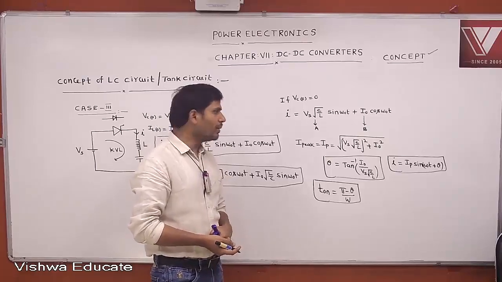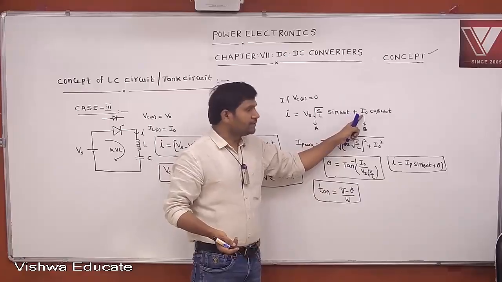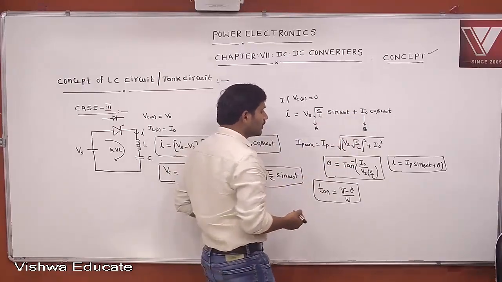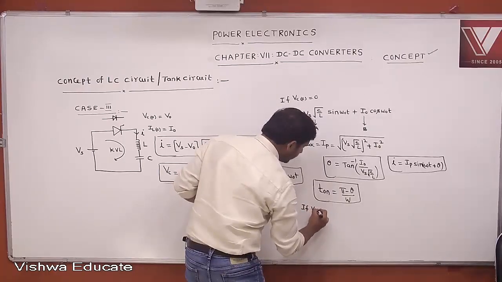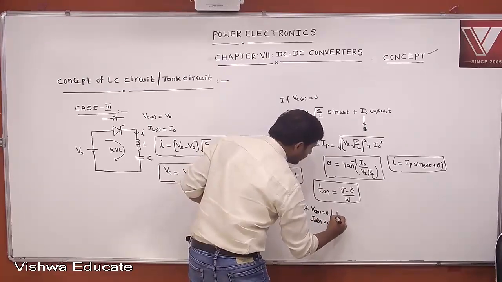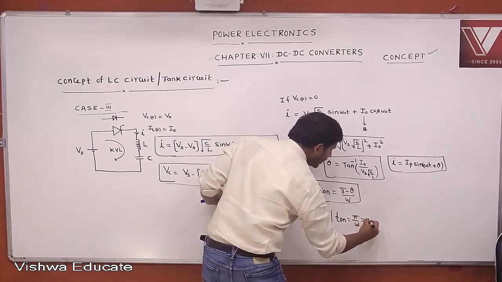Pi minus theta by omega. If there is no initial current, if I naught of 0 is also 0, that means Vc of 0 equal to 0 and I naught of 0 is also 0, then what is the on time? Pi by omega, that is pi root LC.